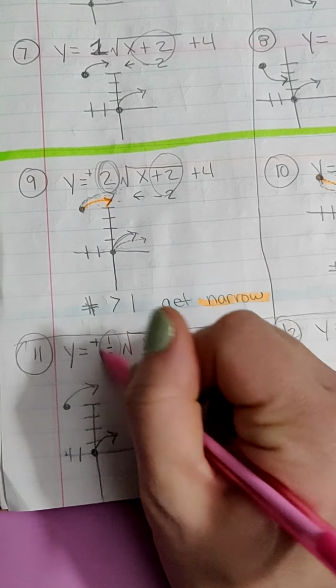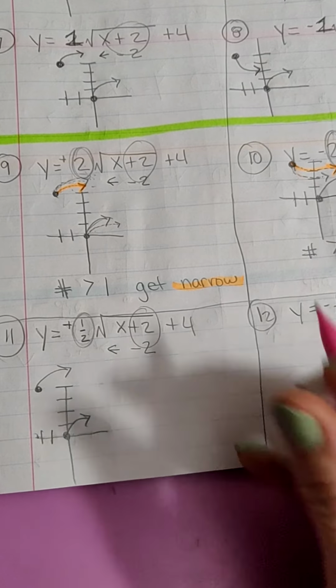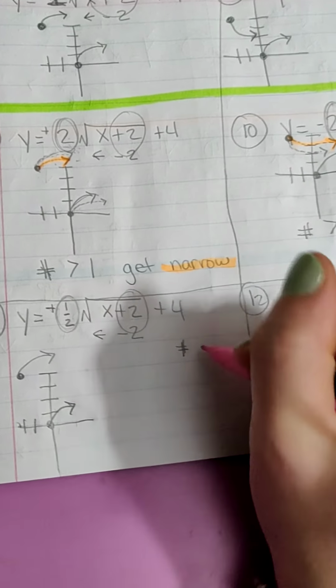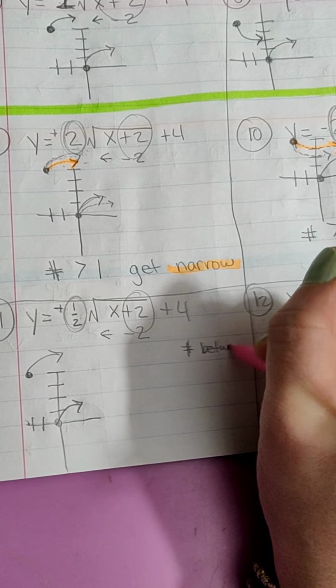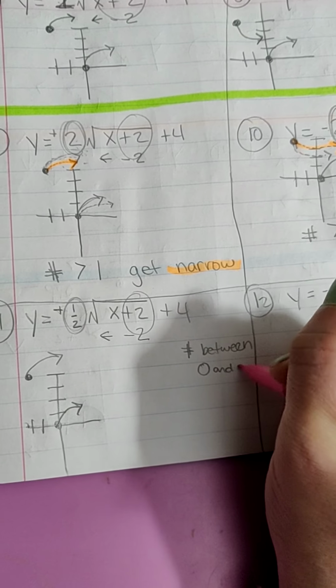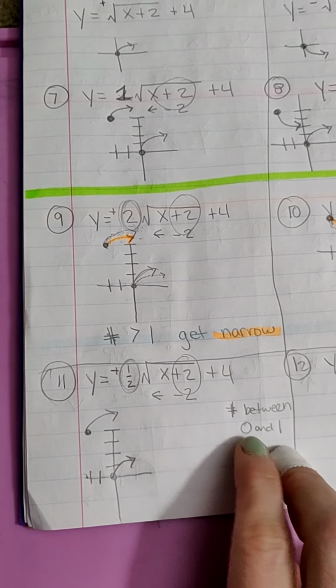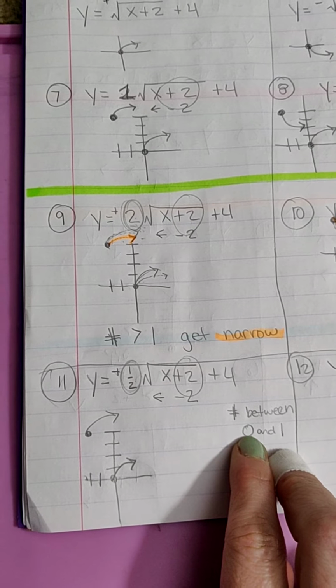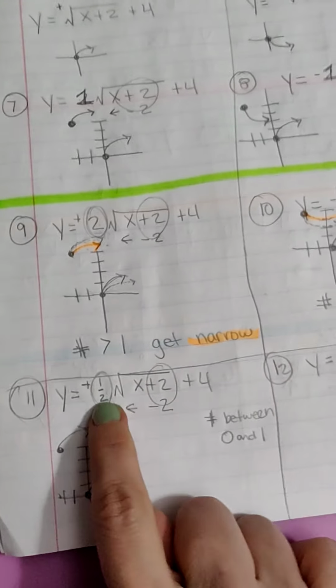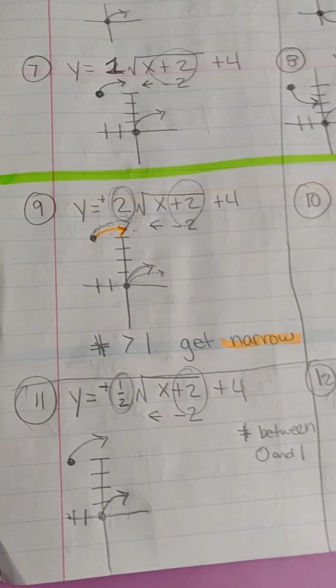But now I have a number between 0 and 1. I know that 1/2 comes between 0 and 1, because half is the halfway point between 0 and 1. Hopefully we already know that.